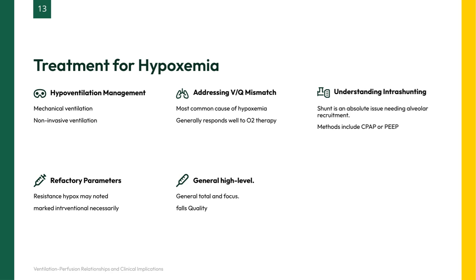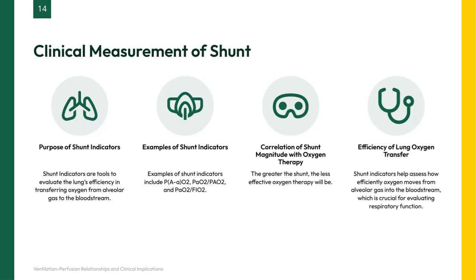Shunt indicators are essential tools used to evaluate how effectively the lungs transfer oxygen from the alveolar air into the bloodstream. Essentially, they give us insight into how well the respiratory system is functioning.